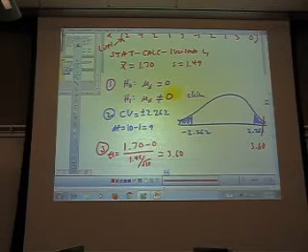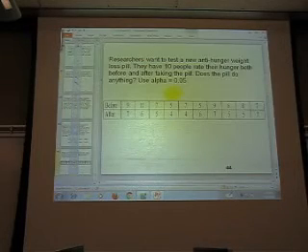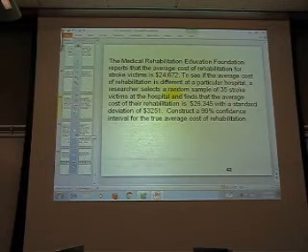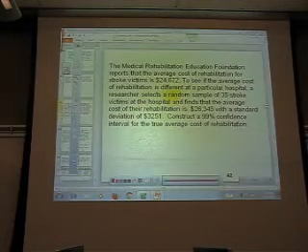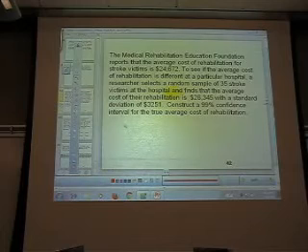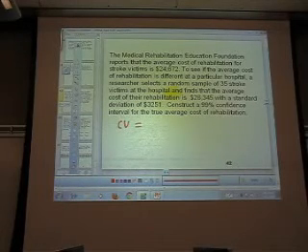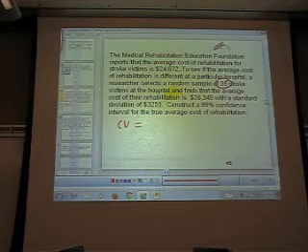Okay. Anybody take a look at column number 4? It's a confidence interval. So you need to figure out your critical value, and this is a mean. So 35 people, your degrees of freedom is 34.